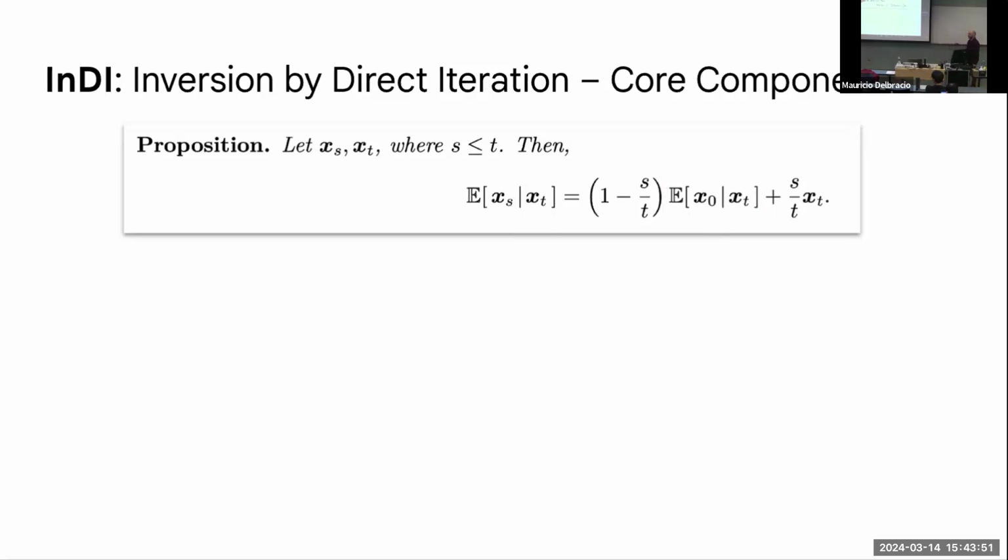Which one is a random variable? Well, xt is assumed fixed here because it's given. I'm going to estimate the mean of this xs. Xs is the random variable, if you want to see it that way. This is a kind of posterior mean.